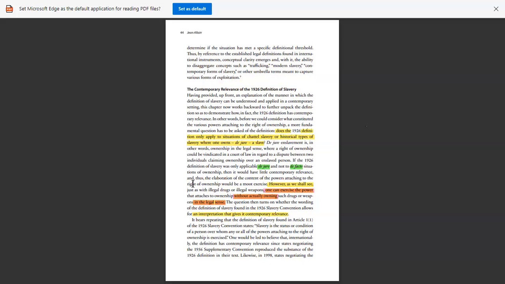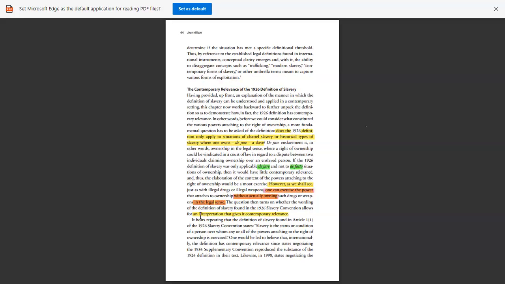So de facto situations of ownership would have little contemporary relevance, and thus elaboration of the content of powers attaching to it would be moot. But that's not the case, because they've moved forward and shown that one can exercise the power that attaches without actually owning in the legal sense.